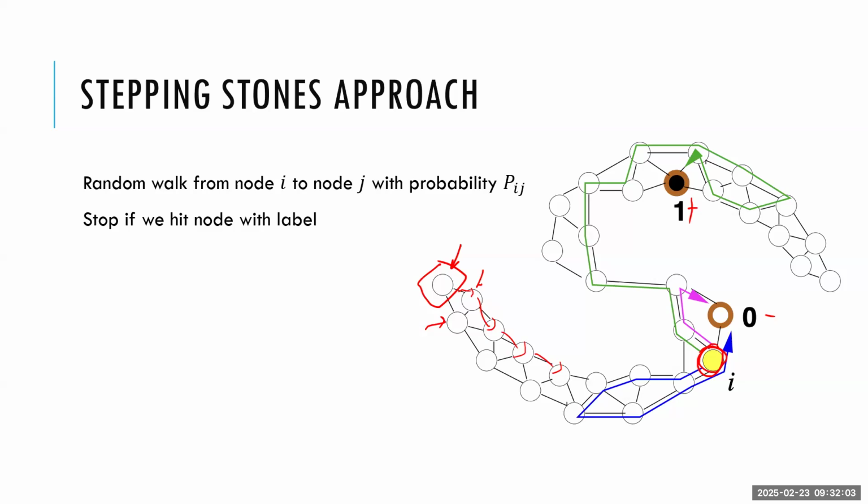And what we can do is a random walk. So what do we mean by random walk? You start at one point, and this point has edges to its neighborhood.